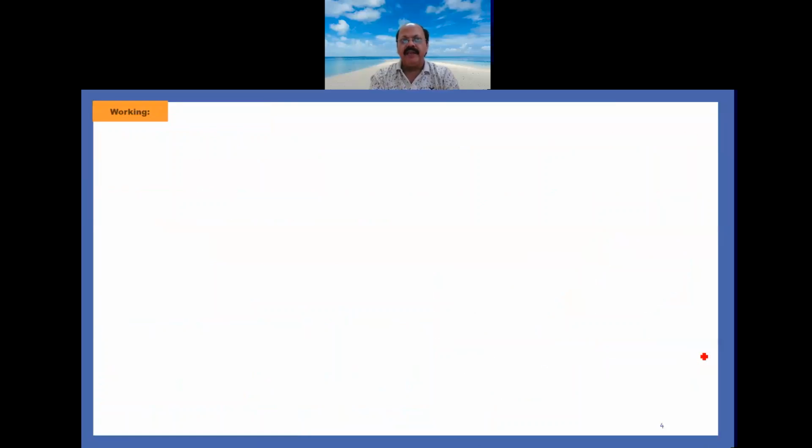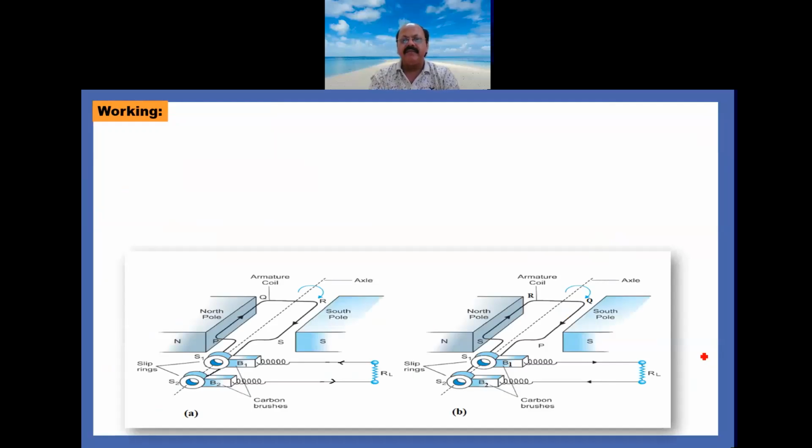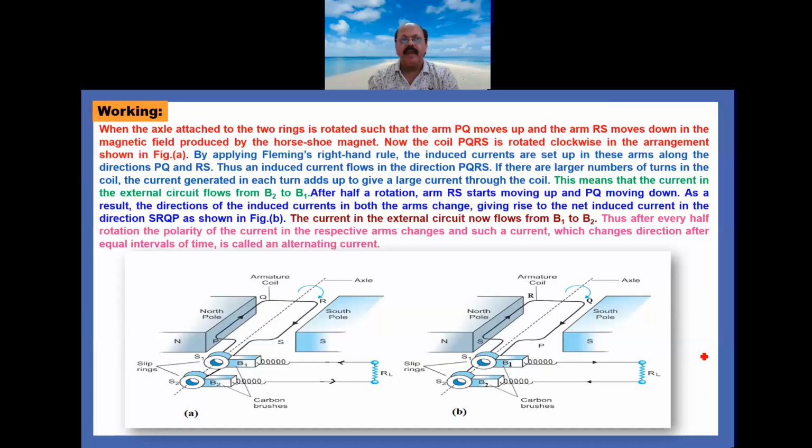Now the working of the AC generator. For that purpose, we divide its working by explaining it in two parts, taking the two diagrams, A and B. So when the axle which is attached to the two slip rings is rotated, you focus on figure A. The arm PQ moves up and the arm RS moves downward in the magnetic field produced by the horseshoe magnet.